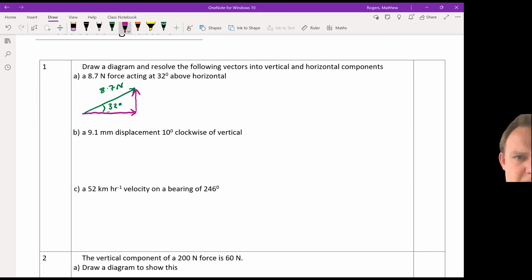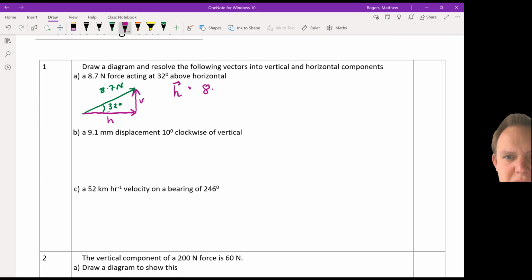The size of the horizontal component, I'm going to label it as H. So H is on the adjacent side. We should remember from our trigonometry ideas that the cosine function relates the adjacent side to the hypotenuse.